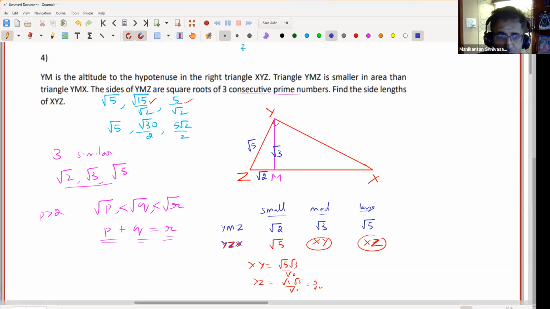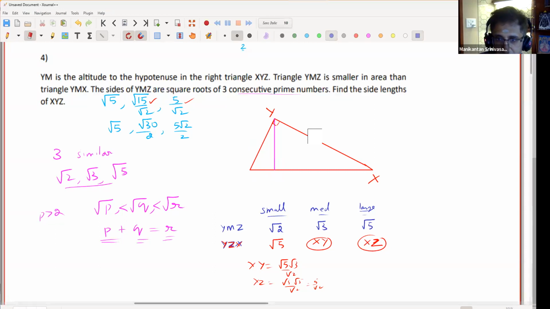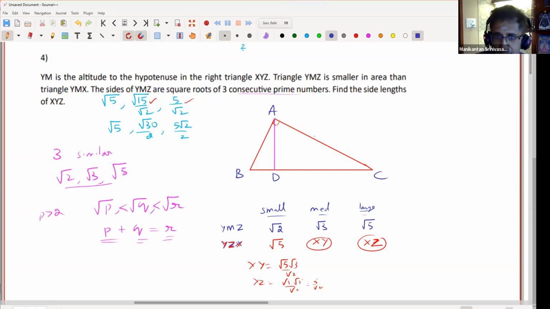So let's recap that. Let me remove all of these values so that I can state that relation, and relabel them as A, B, C, and D so you are not biased. In any right angle triangle, suppose I have an altitude from the 90-degree angle to the hypotenuse, there are three geometric means.